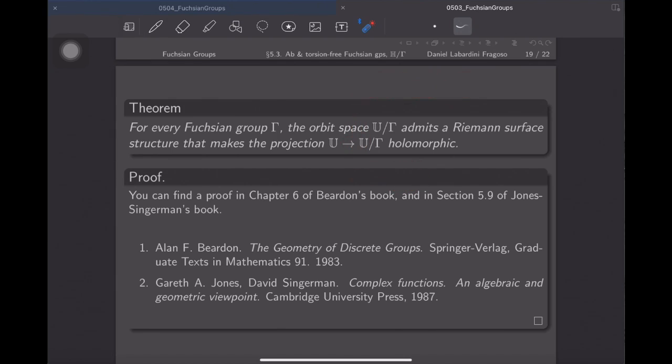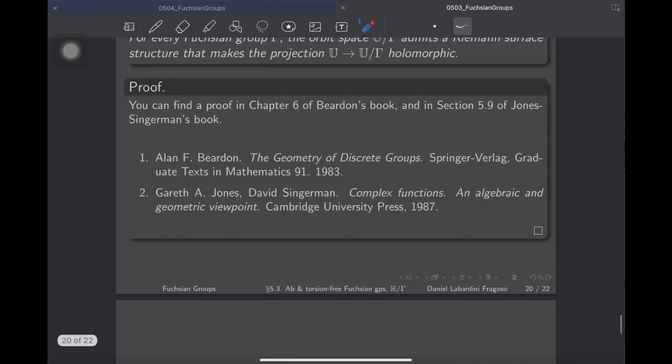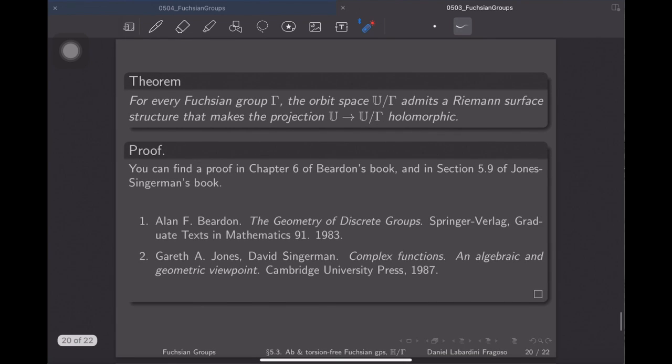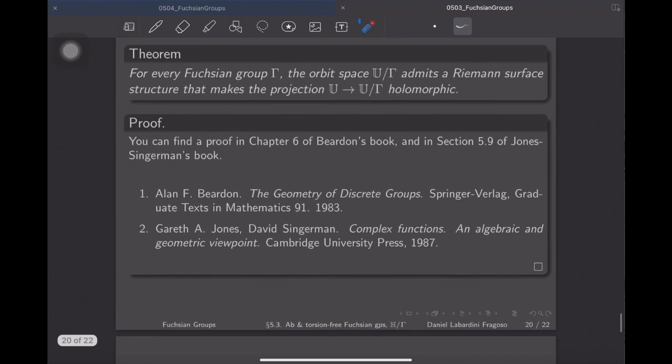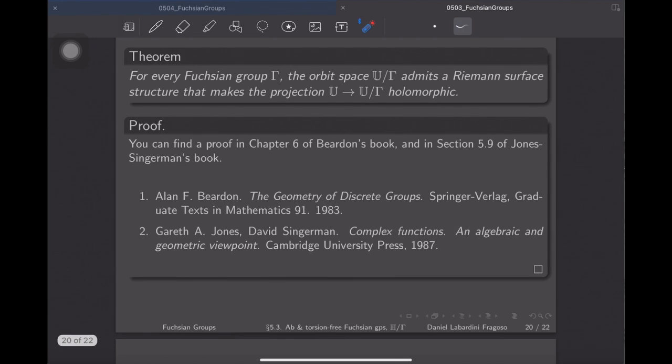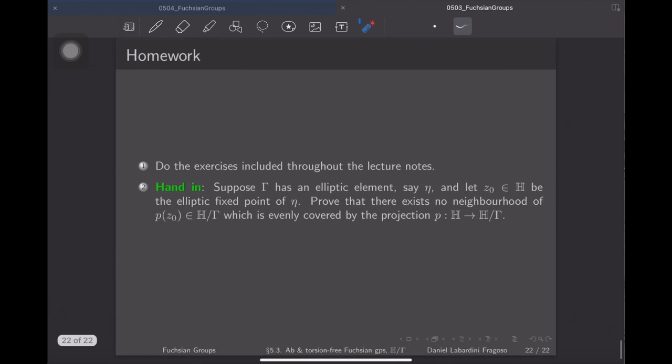So the argument that works for gamma torsion free breaks for gamma non-torsion free. For that part of the proof I just refer you to these two books from the bibliography of the course. Okay, and then we move to the next part.